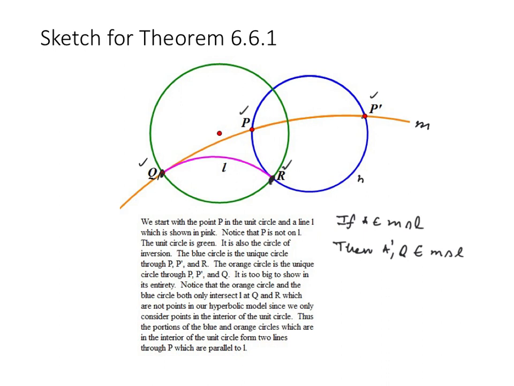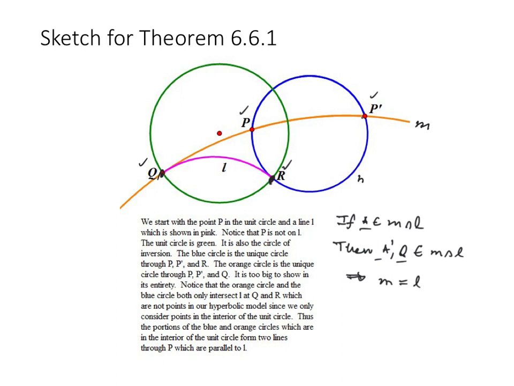So then what we have is 3 points, A, A prime, and Q, that both lie on circle M and both lie on circle L. But we know that 3 distinct points determine a circle uniquely. And so that means that M and L must be the same line, or excuse me, the same circle, right?